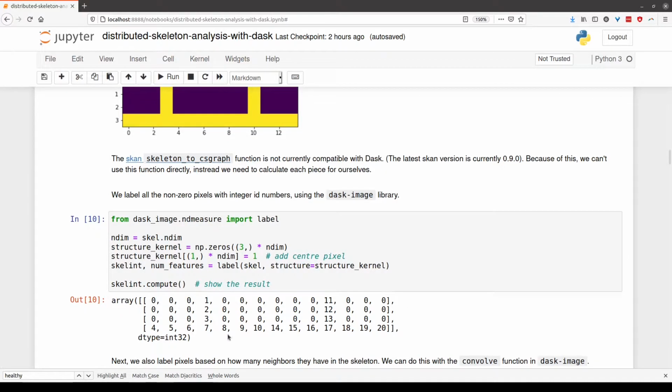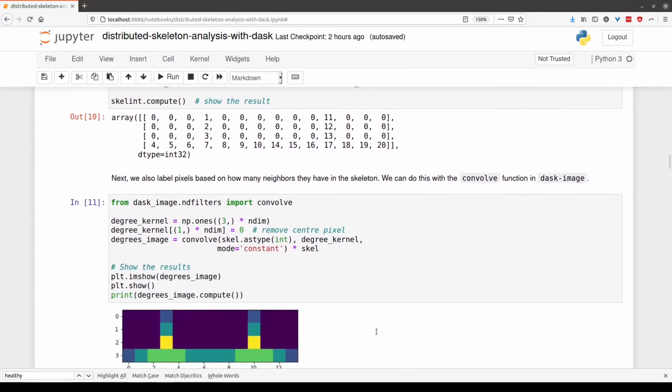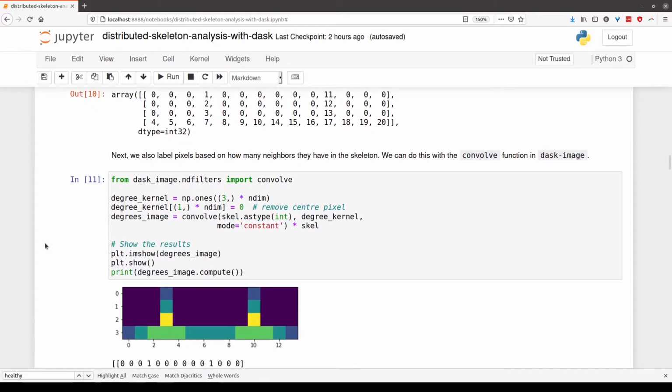Now we can label all of the non-zero pixels in the skeleton with a unique integer ID. And we can also calculate the degree of each position in the skeleton, which is just a label based on how many neighbors that point has. That's actually really simple to do with Dask. We can use a convolution.